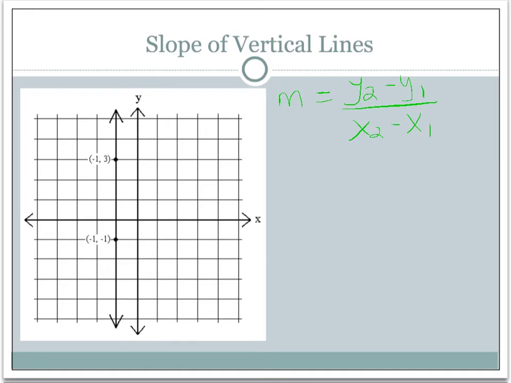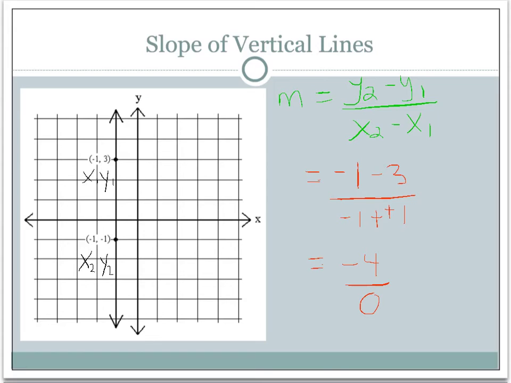We're going to label our points as x1, y1, and x2, y2, and we're going to plug those points into our equation, and we're going to end up with -1 minus 3 divided by -1 minus -1. And when we simplify this, we're going to end up with -4, and then we have -1, this becomes plus 1. Now -1 plus 1 ends up with 0.